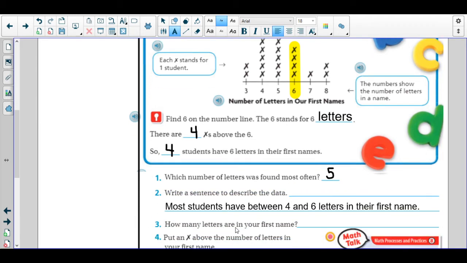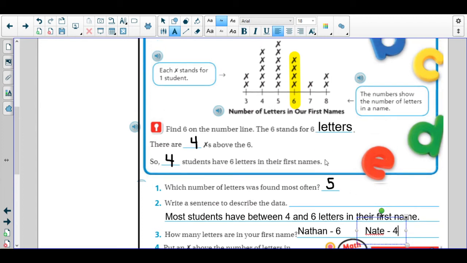How many letters are in your first name? Well, for me personally, if I go by my full name, Nathan, that would be 6 letters. If I go by my shortened name, or what people normally call me, Nate, that would be 4, which fits into this pattern of between 4 and 6.